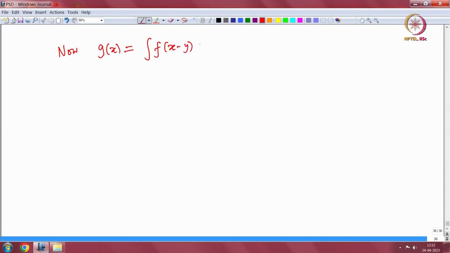So this is f of x minus y times f of minus y bar dy. This is just the definition of the convolution. Again you change y to minus y, so you get f of x plus y times f y bar dy.